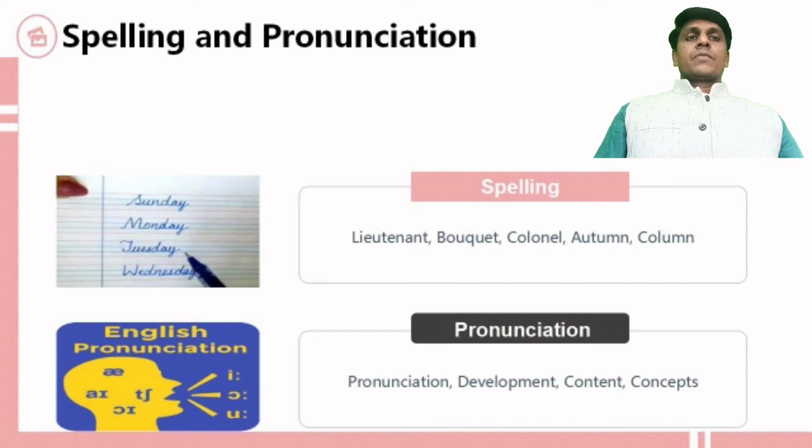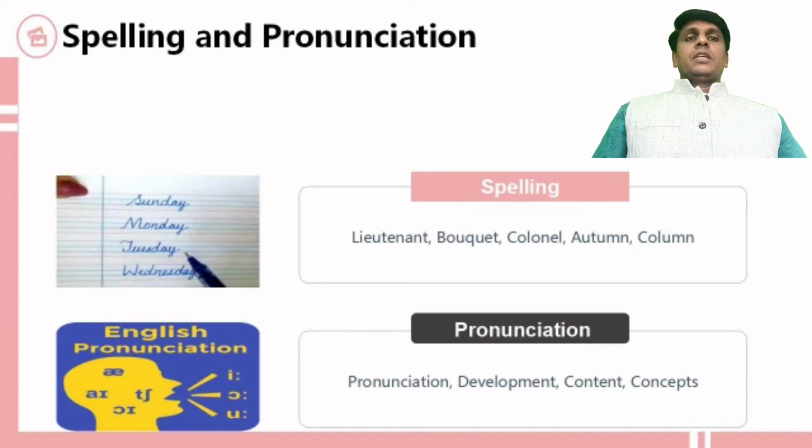But if anybody asks you the spelling of all these words, you cannot tell the correct spelling. Maybe you can tell the spelling of some of the words, but not all the words that we have taken as examples.